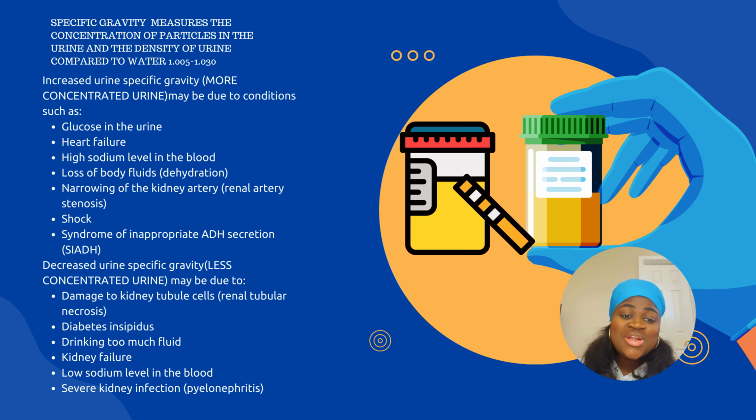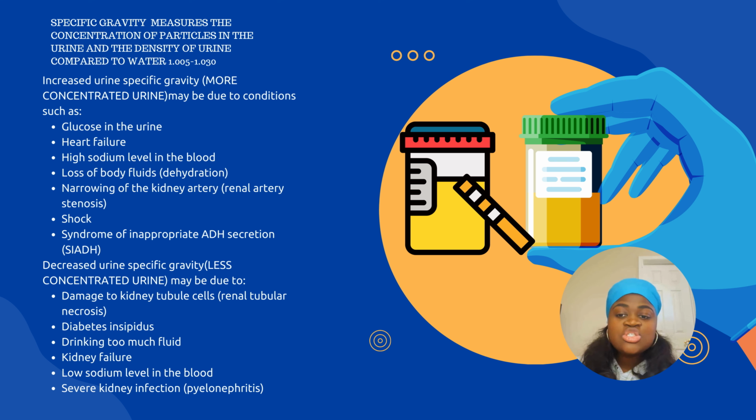So if you're drinking a lot of water and the urine, you can barely see a yellow, you know that it's decreased. So maybe due to damage to kidney tubule cells can cause it. Diabetes insipidus, drinking too much fluids. So if you have a normal function kidney and you're drinking a lot of water, you know that your urine is not going to be amber yellow, right?